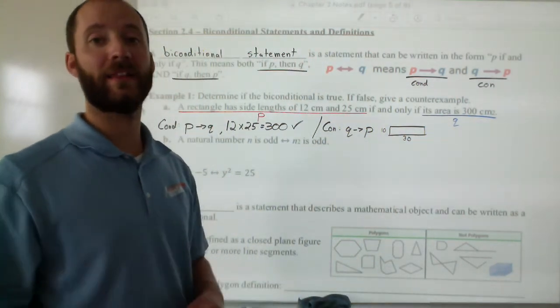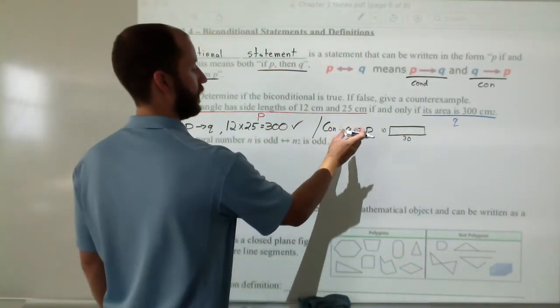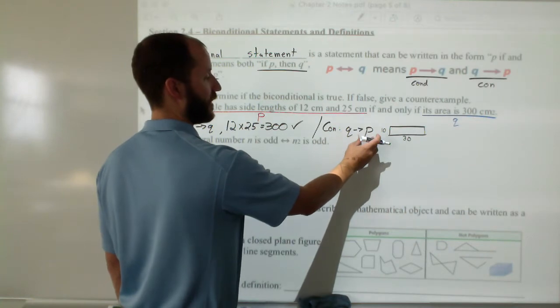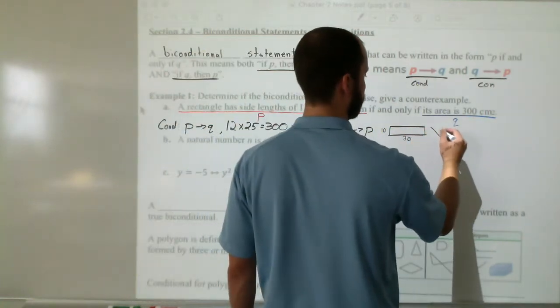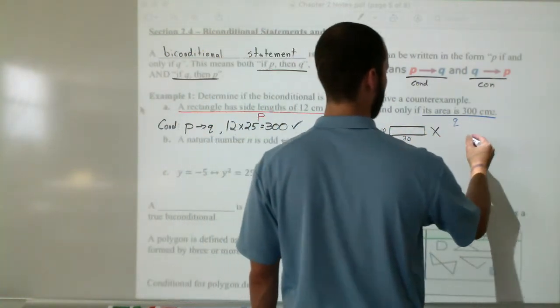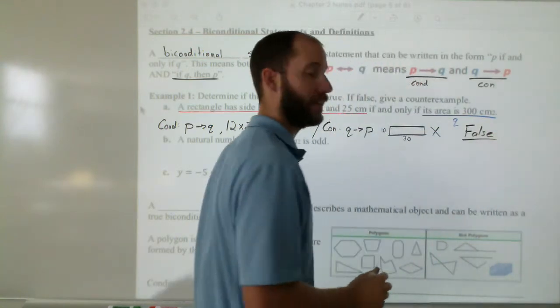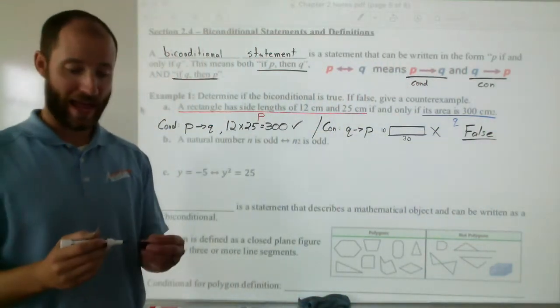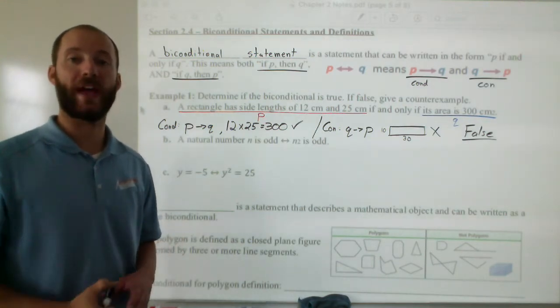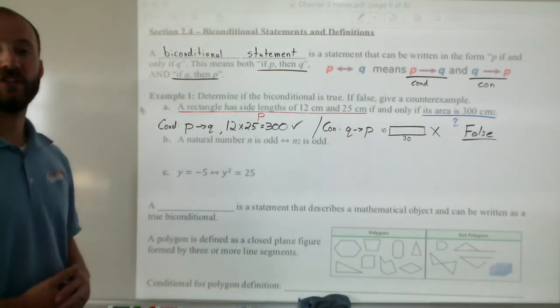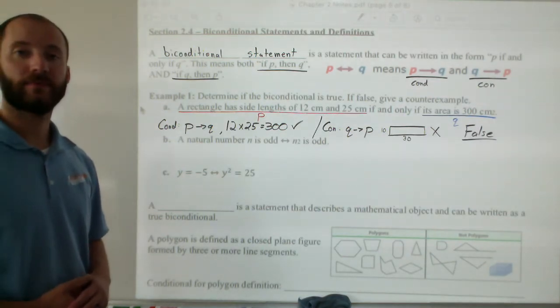Now that 10 by 30, the area is 300, but the side lengths are not 12 and 25. That does not work. Therefore, the overall biconditional is false. You have to look at it both ways, and both have to be true. So take a look at examples B and C, and then check my completed notes online.